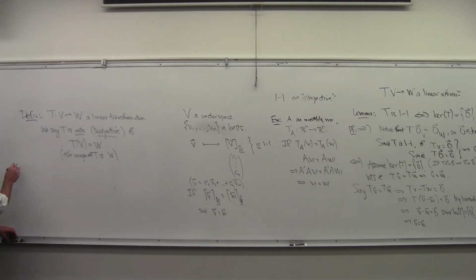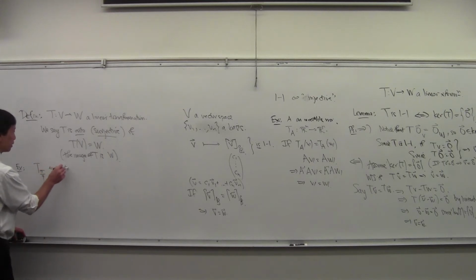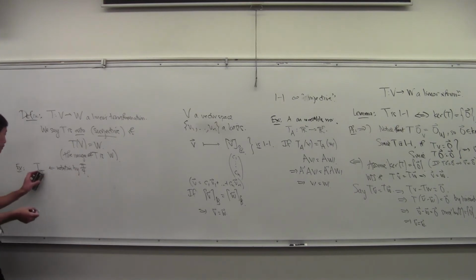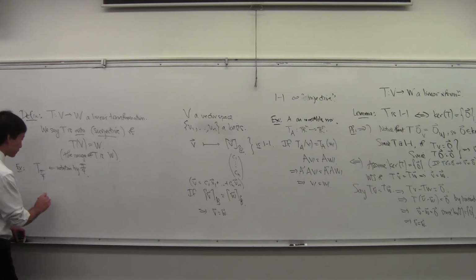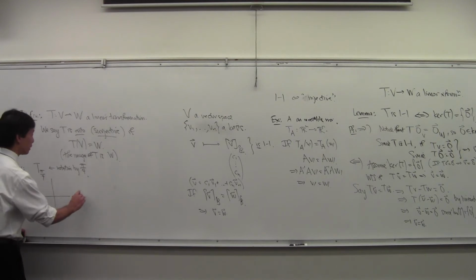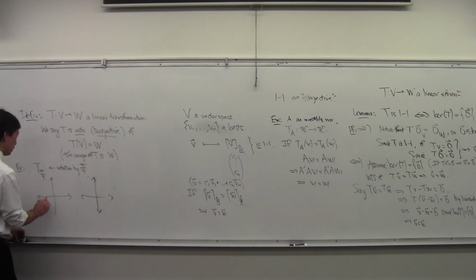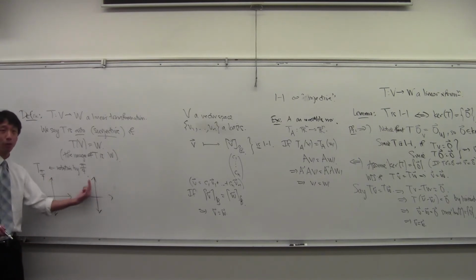Okay, so just to give some examples to illustrate what we mean by this, if I look at T sub pi over 4, the guy that's rotation by pi over 4, or rotation by any angle, frankly, then my set of outputs is the whole space.